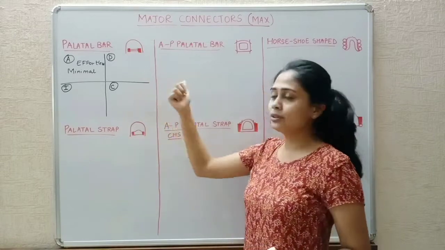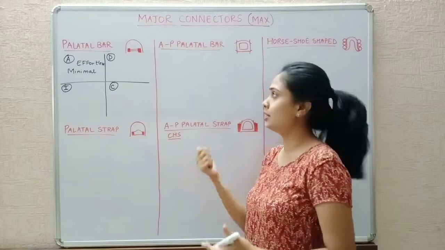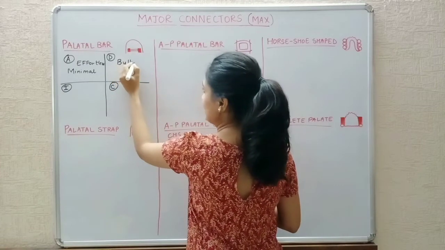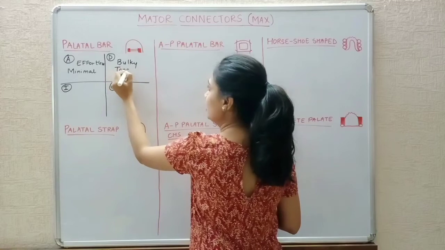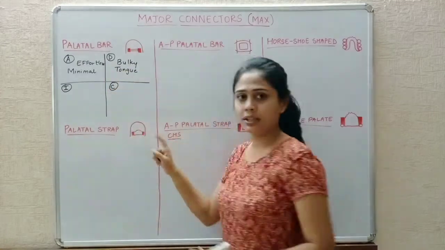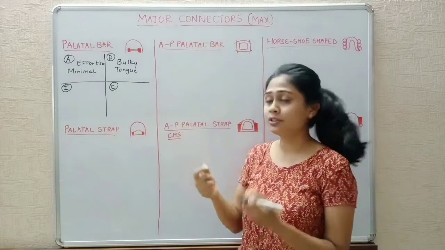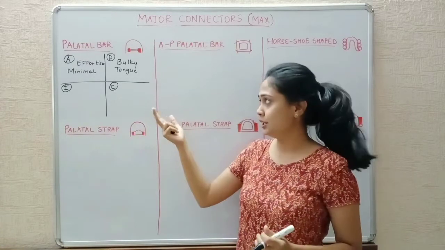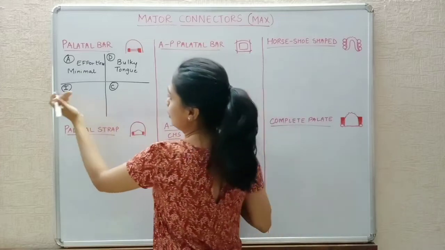Then we go on to the disadvantages. First, it is very bulky. And second, it interferes with the tongue. So it interferes with tongue movement and it is really bulky because it is half round or half narrow oval in shape. Then we look at the indications.